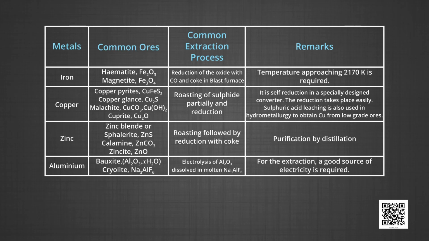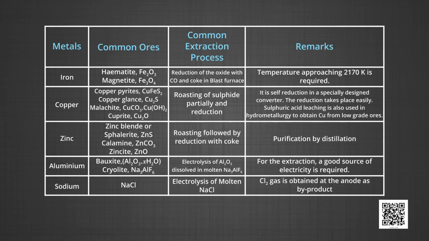The molten purified alumina is mixed with cryolite as a flux and then electrolyzed to obtain pure aluminium at the cathode. Extraction of sodium is carried out from molten sodium chloride. The molten NaCl is electrolyzed to obtain pure sodium at the cathode and chlorine gas is obtained at the anode.